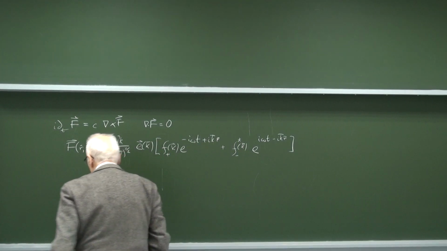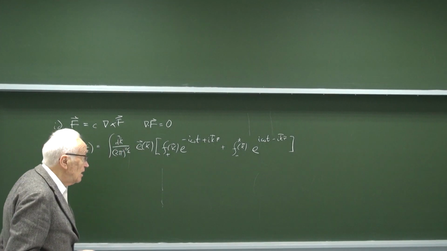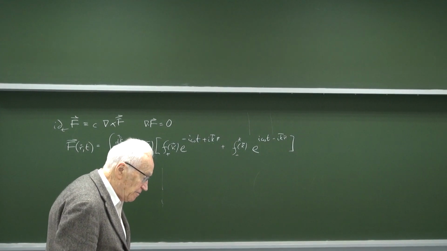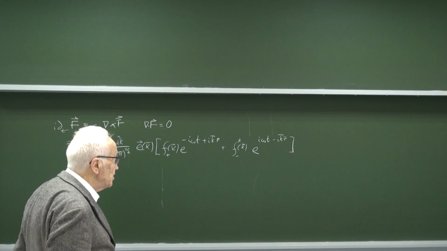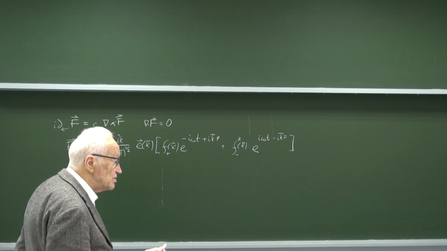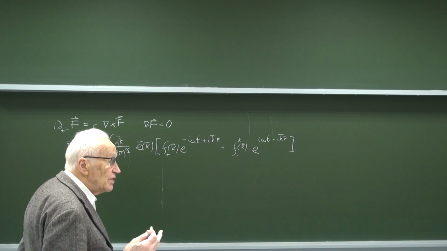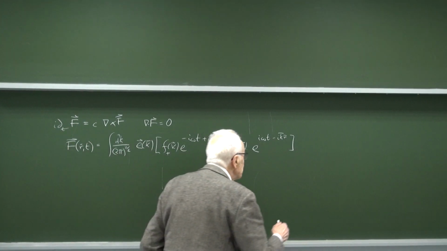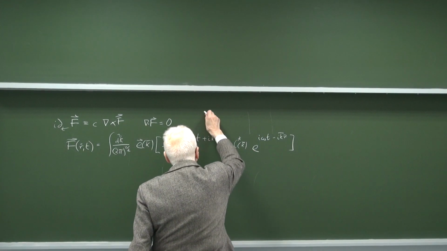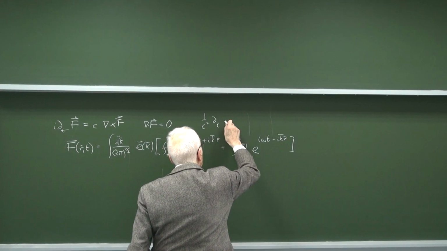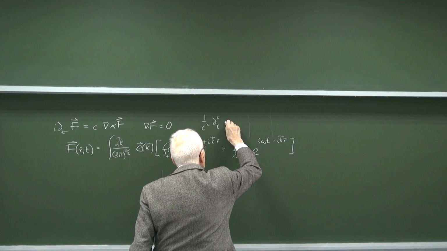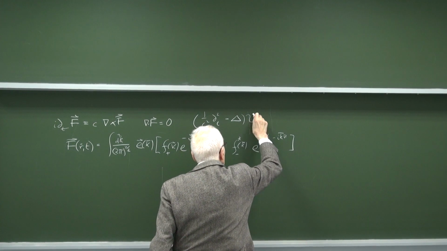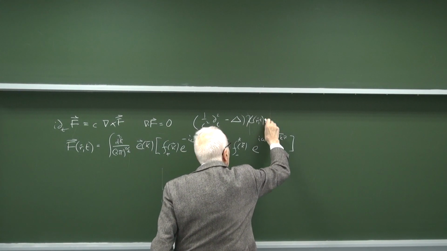And I mentioned at the end of my talk last week that Whittaker had shown that the solution of the Maxwell equation can be expressed in terms of two real solutions of the wave equation. The wave equation is 1 over c squared d squared by dt squared minus the three-dimensional Laplacian acting on some function called chi of r, t, equals 0.